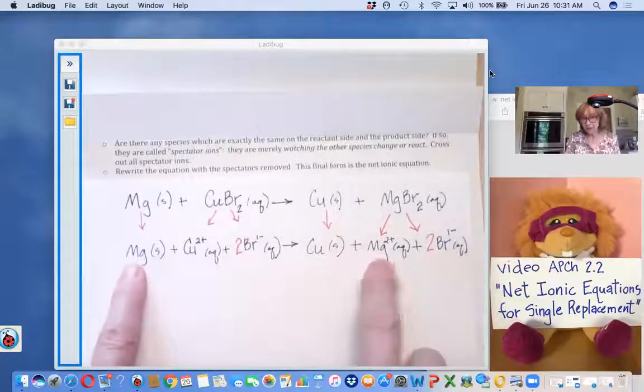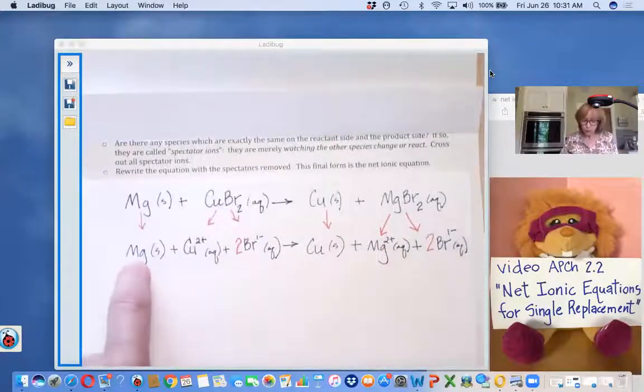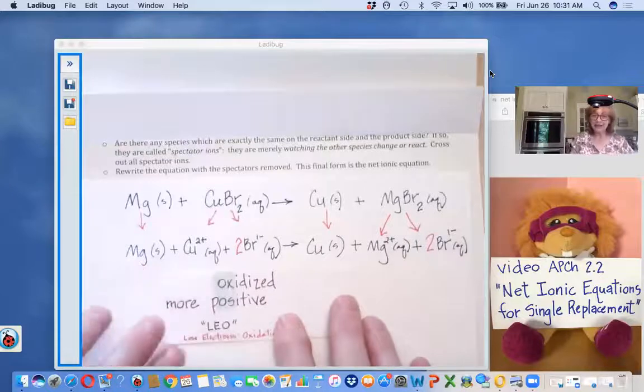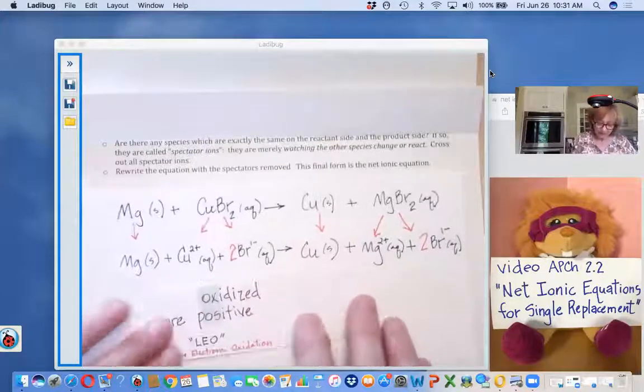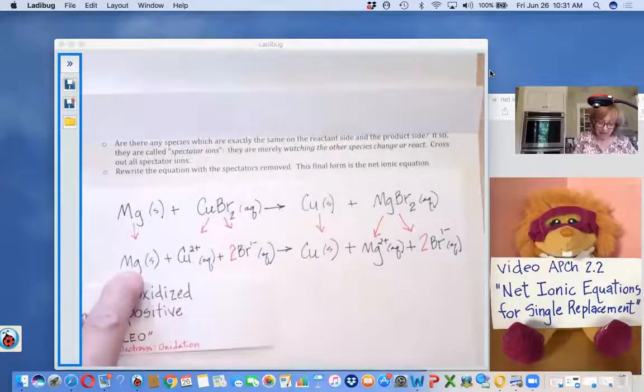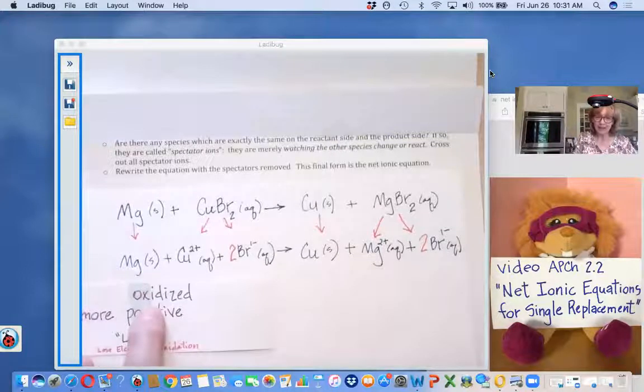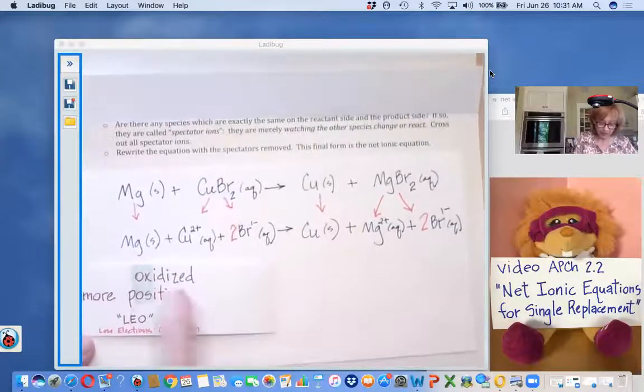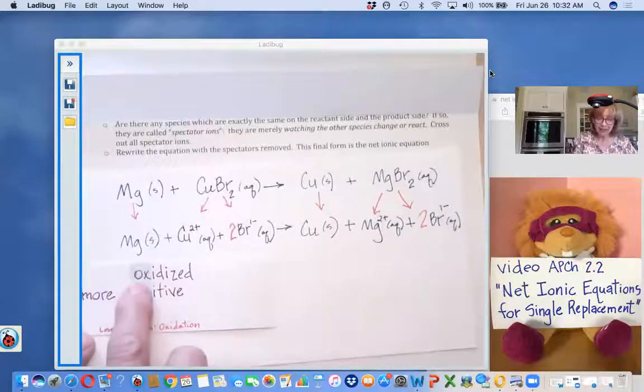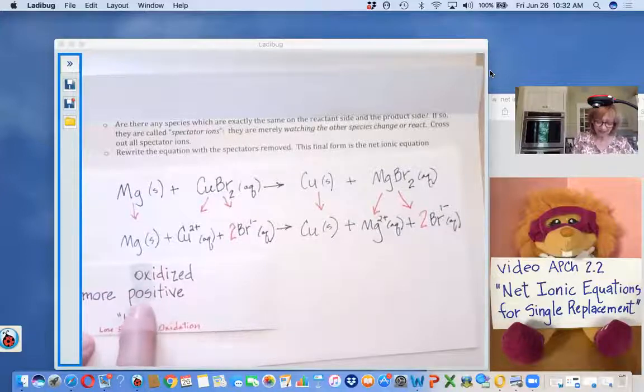It turned into a positive cation. We call that process oxidation, and we say that these magnesium atoms were oxidized. The best way to remember that is that oxidized means you get more positive. Sorry for exaggerating those vowels. Oxidized means you get more positive. And the way that happens is by losing electrons.